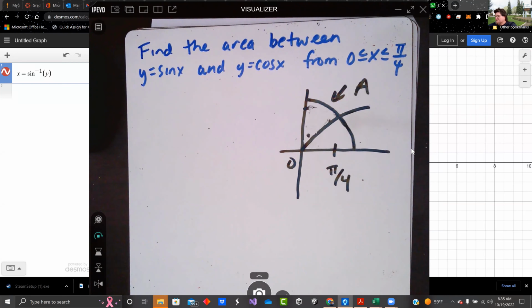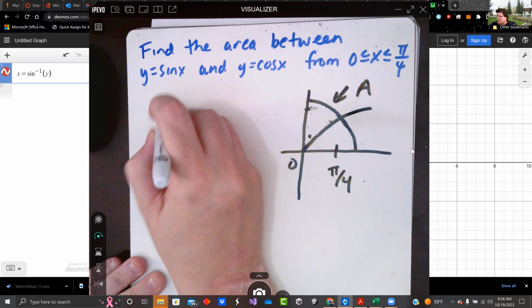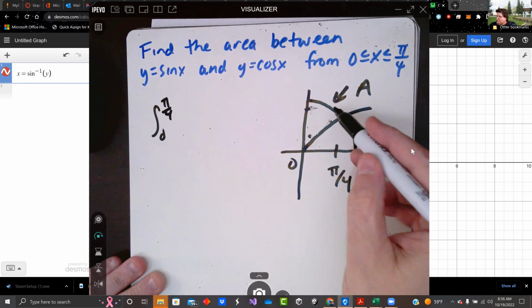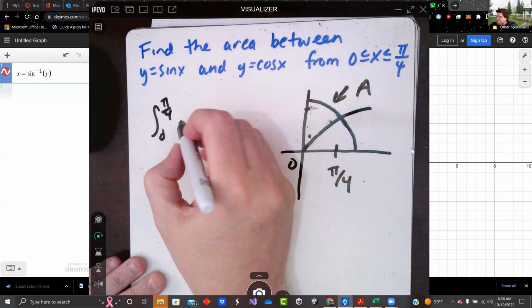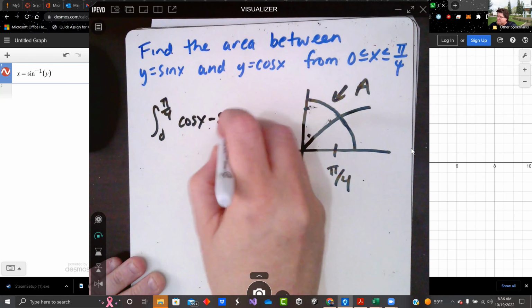Now it's not terrible to do in regular integration, I mean, we could do a regular integral from 0 to pi over 4. We need the upper line, which is cosine x, minus the lower line, which is sine x. We could do that.